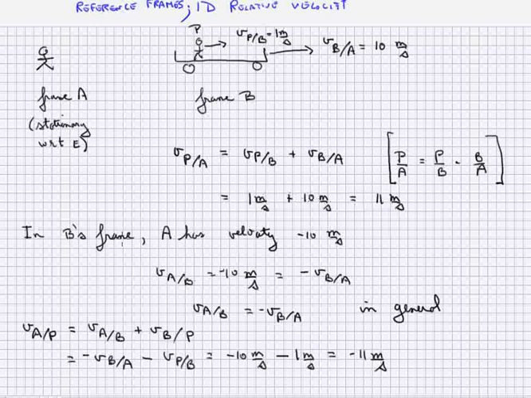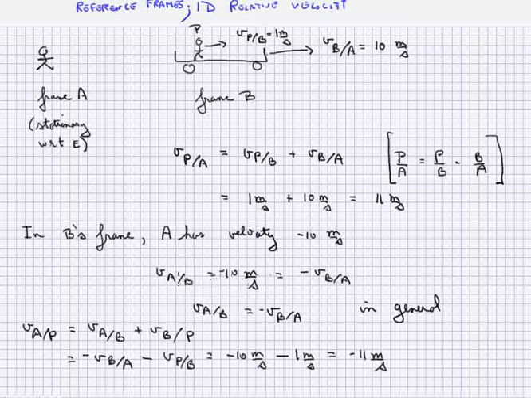Now in B's reference frame, A has velocity minus 10 meters per second. And so if you just have somebody who's stationary in the train, from their standpoint, they're standing still and A is moving in a negative direction, negative velocity, minus 10 meters per second.